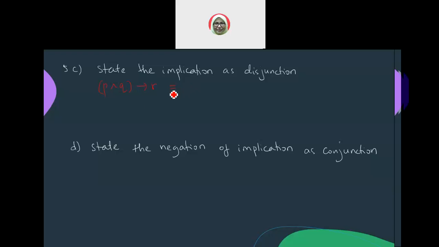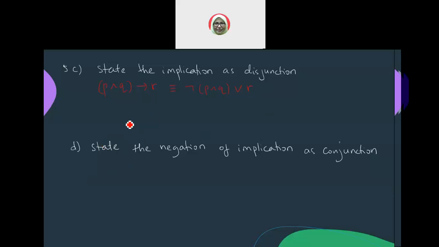This one is equivalent to, you should change to disjunction: not P or not Q, or R.